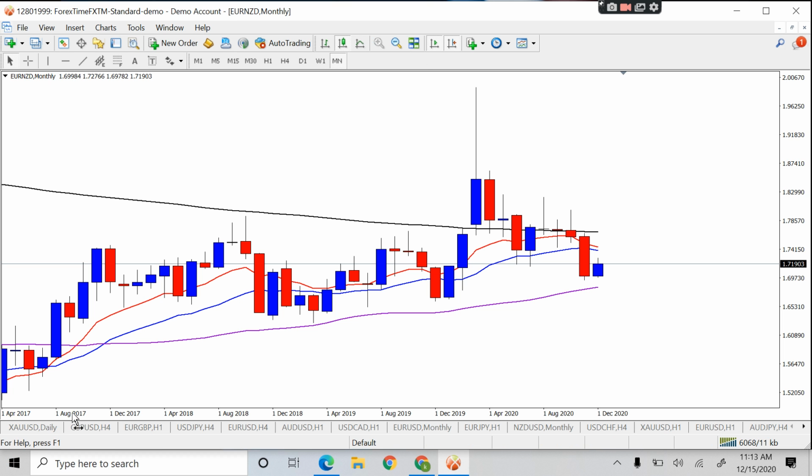And looking at my 50 moving average, I am seeing a dynamic support. So the price has not fallen below the 50 moving average for as far back as July 2017 to be precise. So having that in mind, I think this pair is ready for a buy.